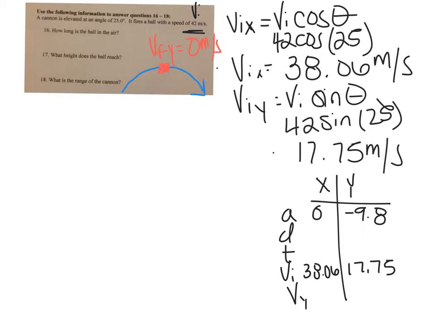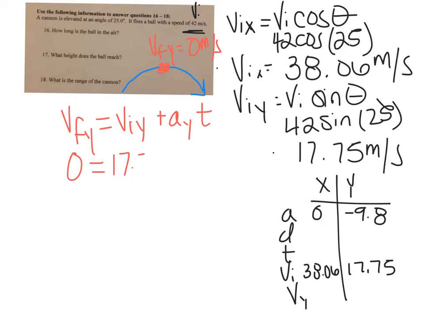So for 16, we can use the formula VFY equals VIY plus AY times time, and we can solve for time. So we plug in 0 equals the VIY we just found, 17.75, plus negative 9.8 times time.